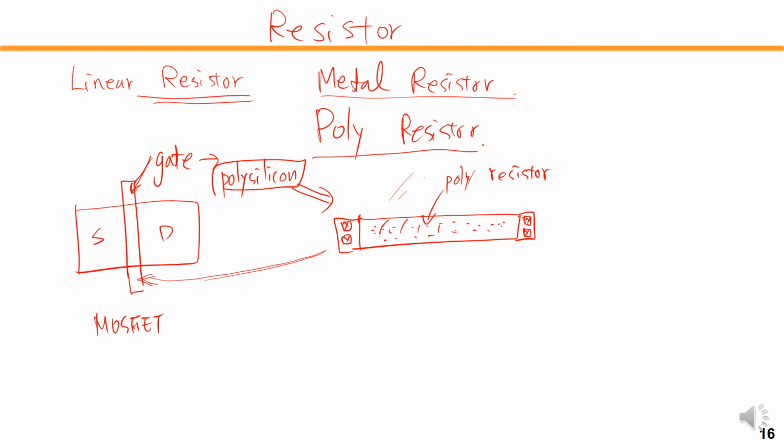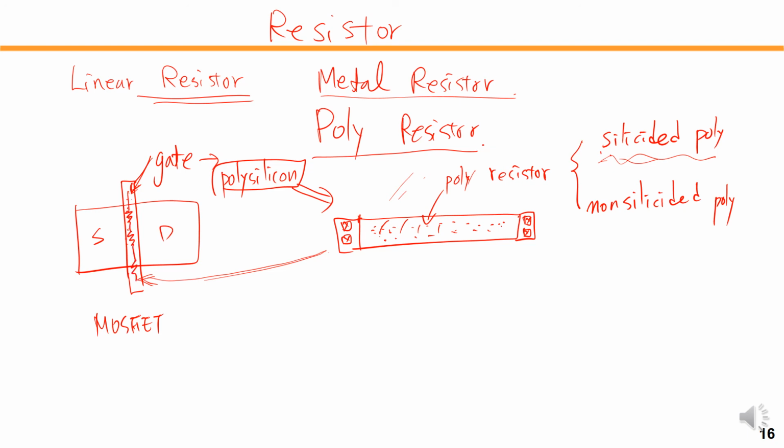The poly resistor has two types: silicided poly or non-silicided poly. Silicided poly is typically used in most gate devices, because that reduces the poly resistance, right?